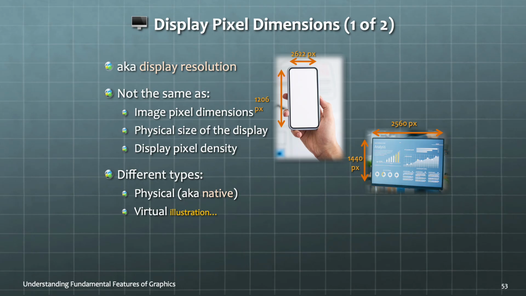This allows users who have poor eyesight, for instance, to decrease the display pixel dimensions to enlarge everything on their screen, which makes text bigger, thus easier to read, or increase the pixel dimensions to show more of the screen space, including windows, dialog boxes, etc. For instance, the display I'm using right now on my iMac is set to 2560 by 1440.